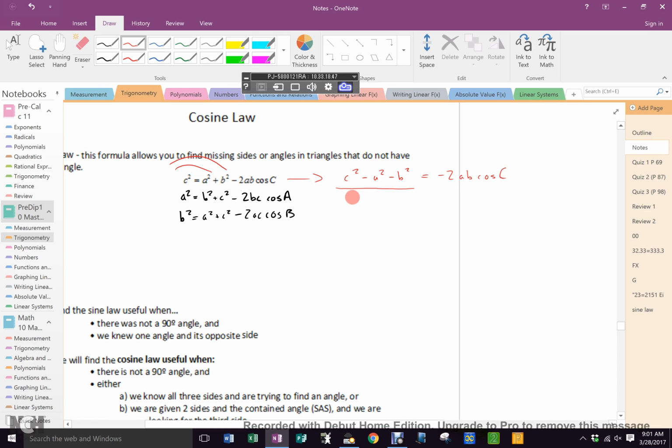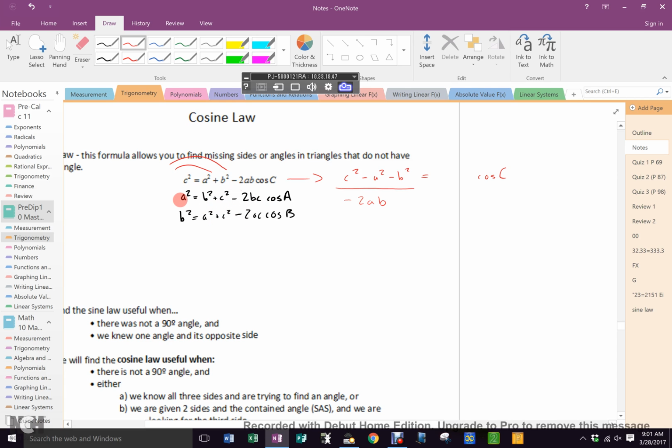So you would divide this side by negative 2ab, and that would leave you with cos c. That's the mistake everyone makes. They either add because they see subtraction, or they forget to divide by a negative. Because that's negative 2, isn't it? Now, what does that mean all the rest of these are? The exact same thing, yes?